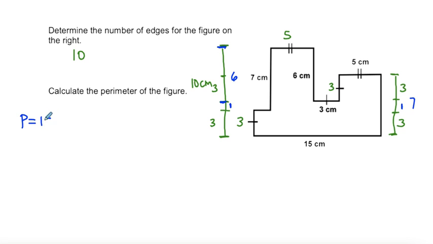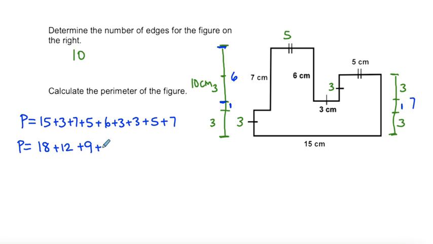So 15 plus 3 plus 7 plus 5 plus 6 plus 3 plus 3 plus 5 plus 7. 15 plus 3 is 18. 7 plus 5 is 12. 6 plus 3 is 9. 3 plus 5 is 8 plus 7.